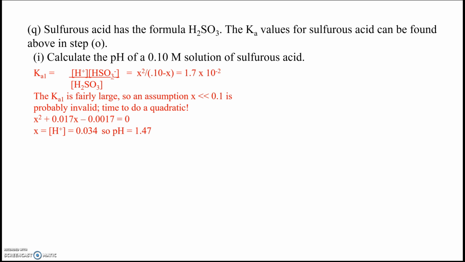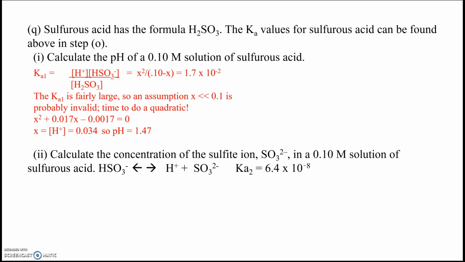Hopefully we would like to be able to assume that x is negligible so we don't have to do a quadratic, but in fact we see that Ka is fairly large, and so our assumption that x is insignificant compared to 0.01 is probably not going to work, and we're going to be stuck having to do a quadratic. When I solved this, I got 0.034, and therefore pH is 1.47. You should pause the video and do this yourself.